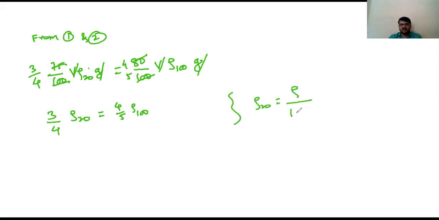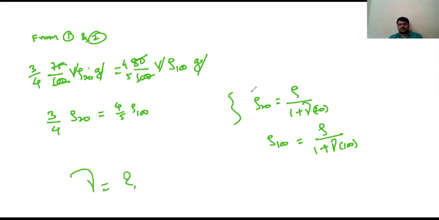Rho by 1 plus gamma into delta t, where delta t is 20. And rho 100 कितना आएगा? Rho by 1 plus gamma into 100. Substitute these values here and then find out gamma. Gamma is equal to how much? Substitute these values and tell me the answer.